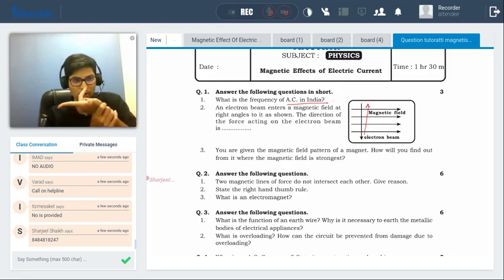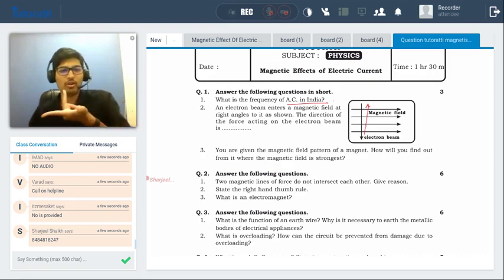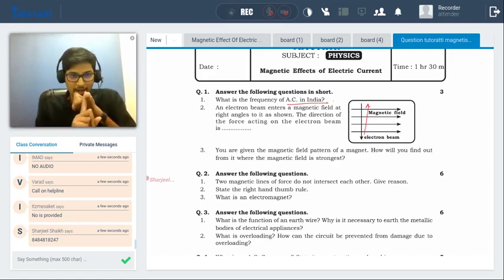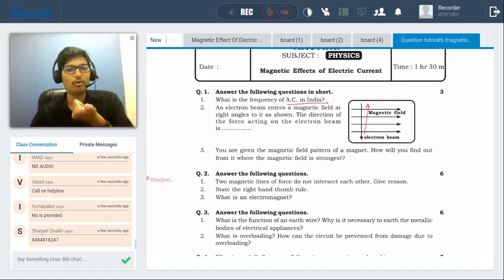This is how you keep it. I'm not sure if you can see this very clearly. This is the direction of current, opposite to the electron beam. This is the direction of magnetic field. And this is the direction of the force acting. In case you have a paper in front of you, I do not have a paper right over here.